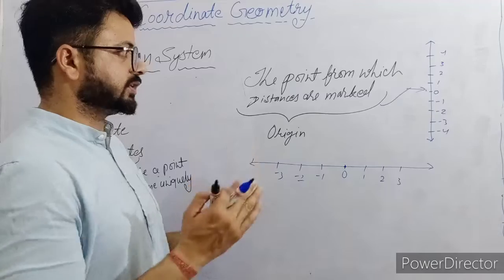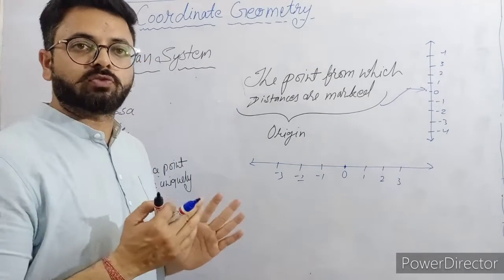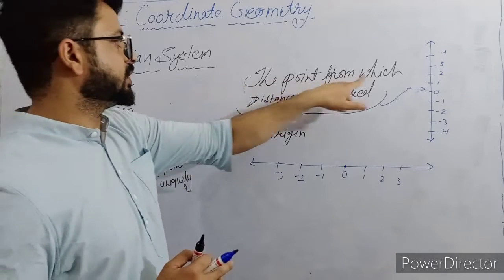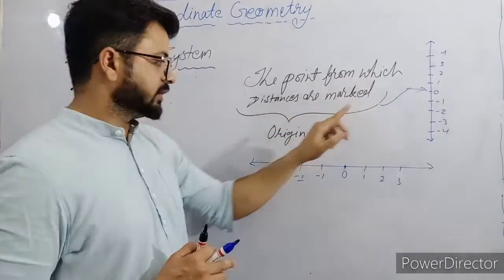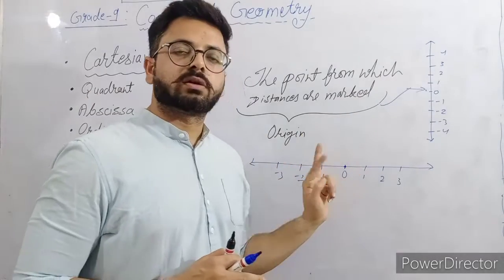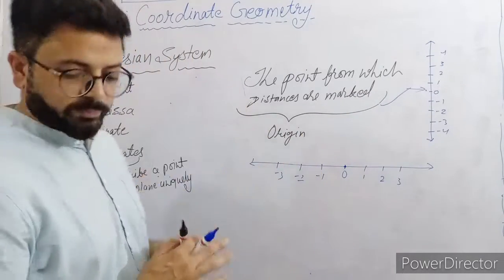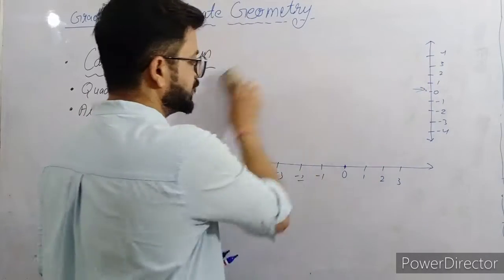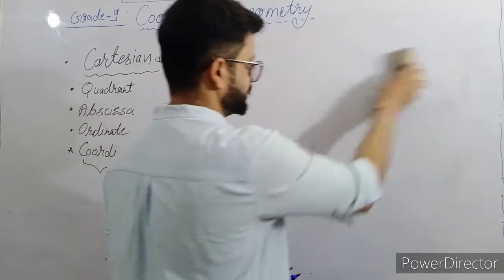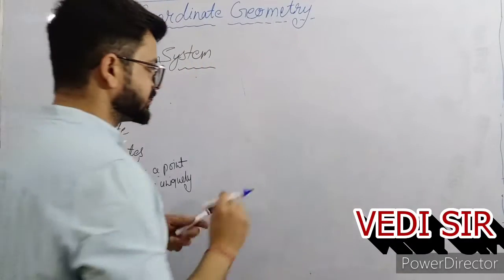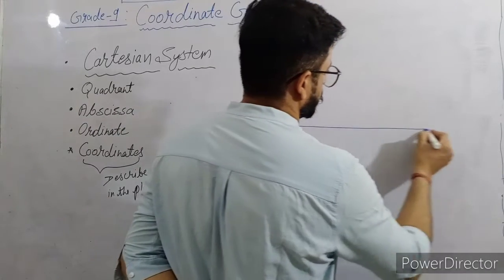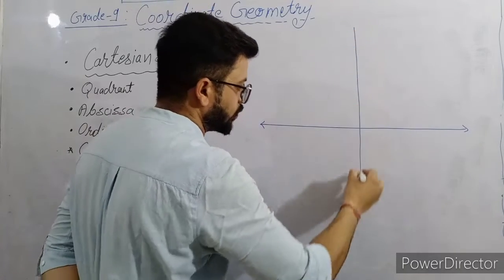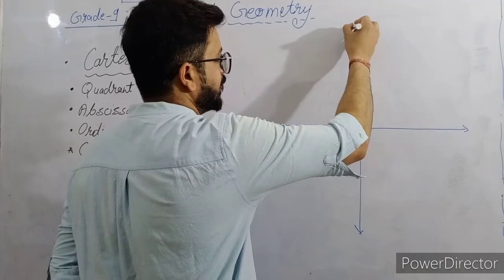Now suppose I combine both the lines, what will happen? First note down the origin: the point from which distances are marked. Now I combine the vertical and horizontal lines. This is our horizontal number line and this is the vertical number line.